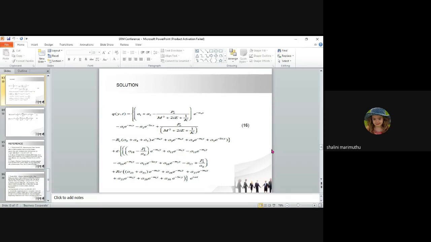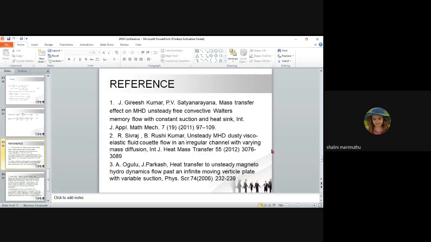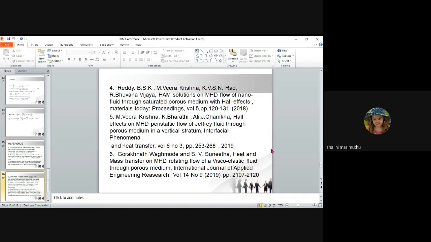By solving the governing equations using the boundary conditions and the assumed values, we arrive at the solution of 16, and 17 and 18. These are the solutions I arrived at. Further, I will study using the parameters and represent it through graphs also, sir. That's it, sir, references.